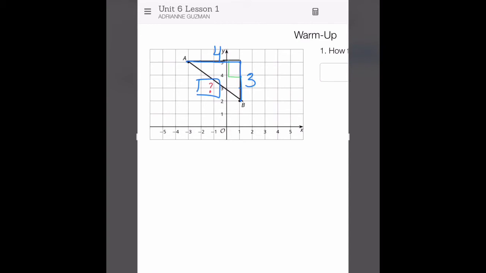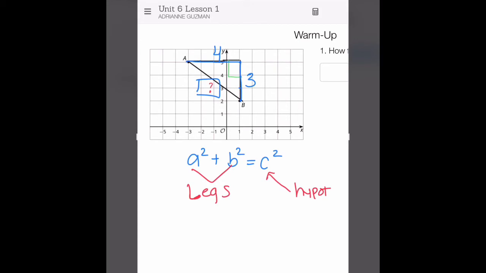So, who remembers the Pythagorean theorem? Hopefully you said, I do. And so remember that that's a squared plus b squared equals c squared. Remember that c squared can only be what? Your hypotenuse, and a and b are your legs. So we found the legs.